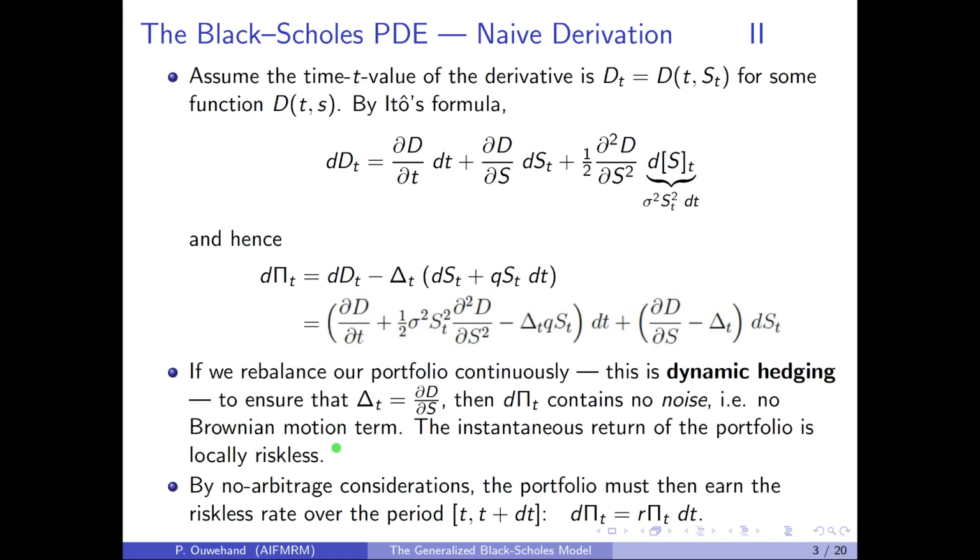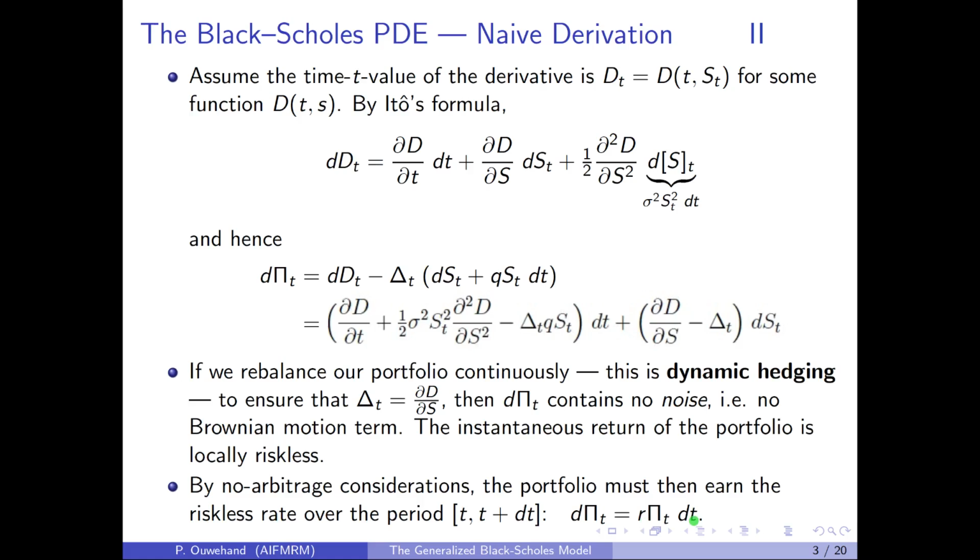Now comes the crux. By no arbitrage considerations, if the portfolio is locally riskless over an infinitesimal period from t to t plus dt, then it must earn the riskless rate over that period. In that case, it must be the case that dPi_t is equal to r times Pi_t times dt.